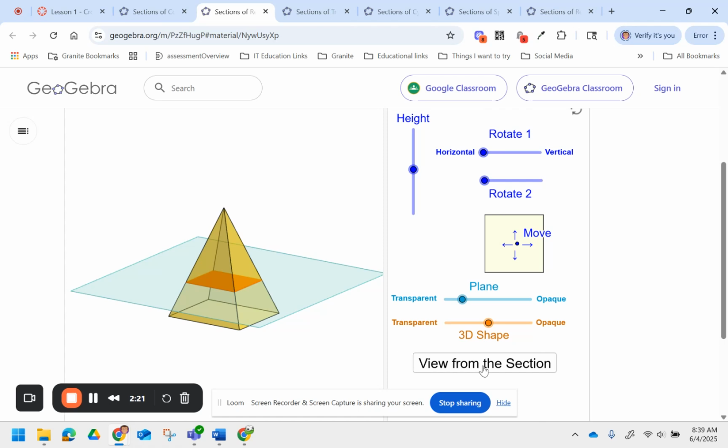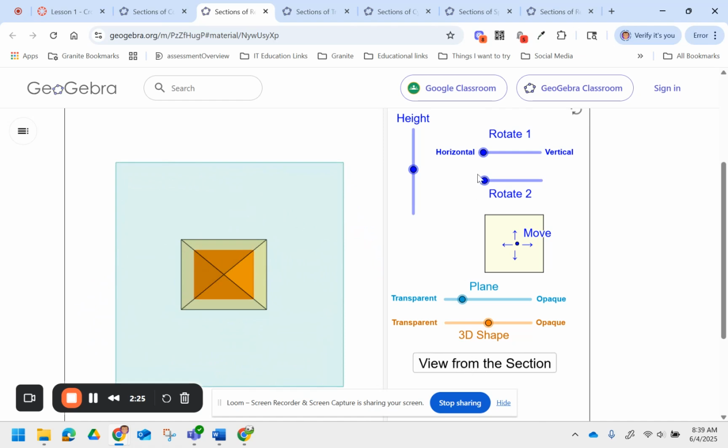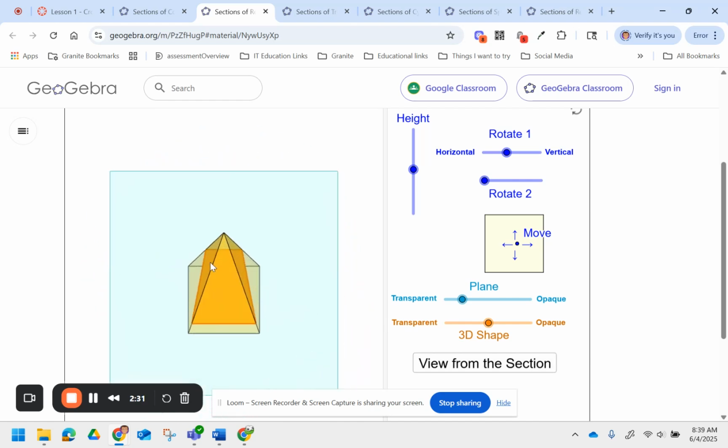From this rectangular pyramid, we can see we can get a rectangle. If I rotate it, now I can get a trapezoid. So this top one would be parallel to the bottom one, but we've got these different lengths.